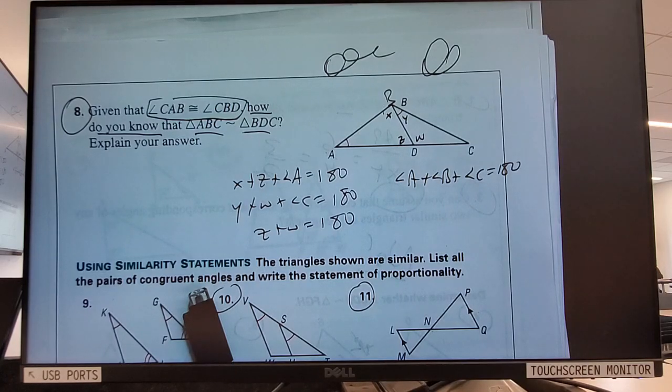If these two are similar, I should be able to rotate this and kind of blow it up, and it should look like the other triangle, correct? So which vertex would line up with which other vertex? Say again? Yes, good. So the point A in ABC would be in the same place as B if I rotated it and shrunk it down. Okay.